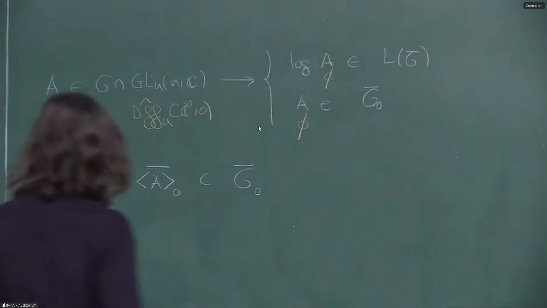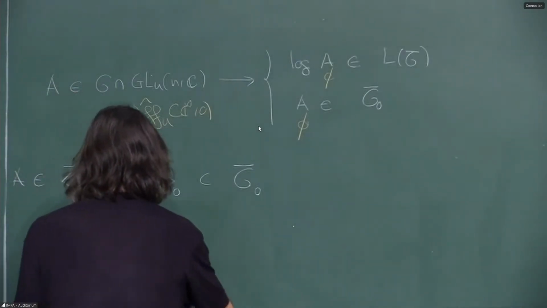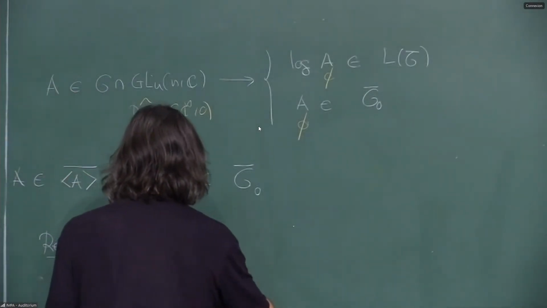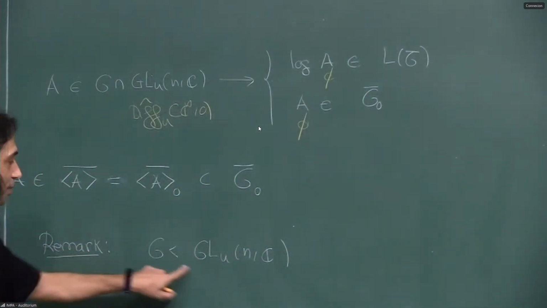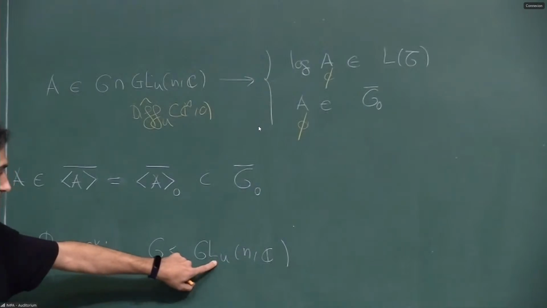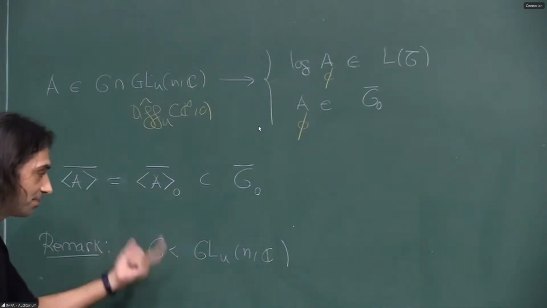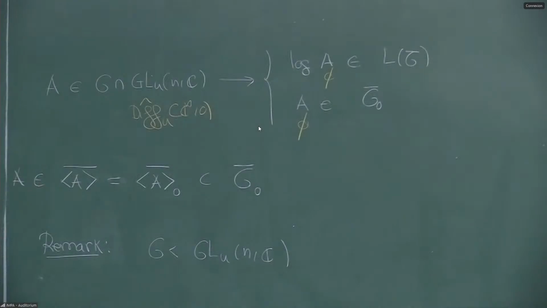So if you have this, this is not a group, so this is an abuse of notation because you can multiply unipotent operators and the product can be non-unipotent, but it's an easy way to write this.